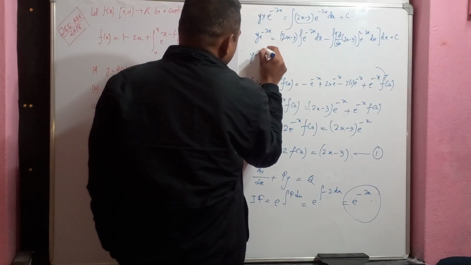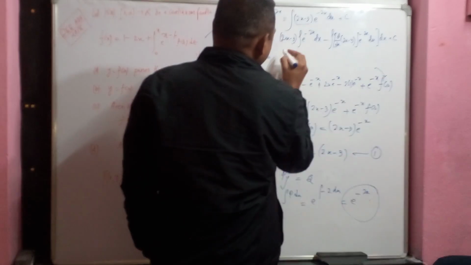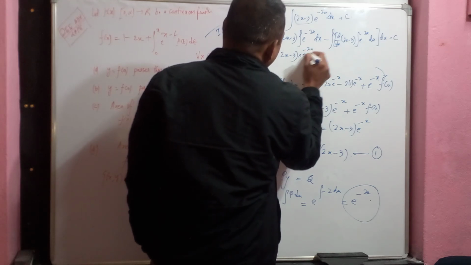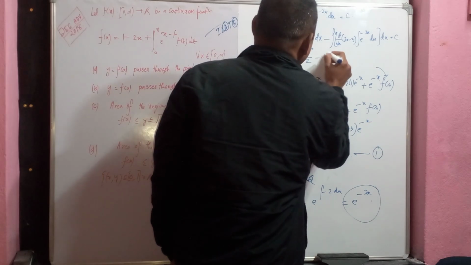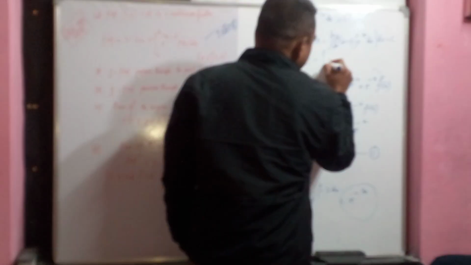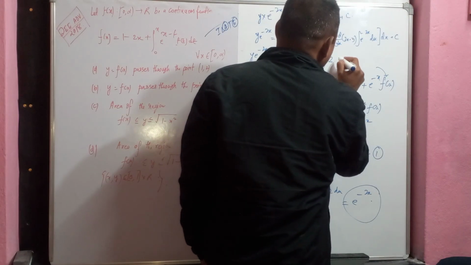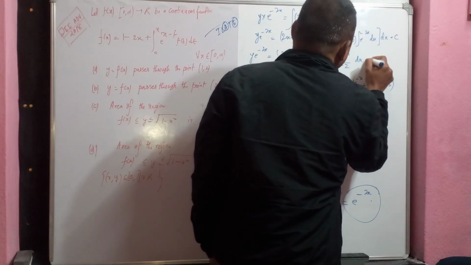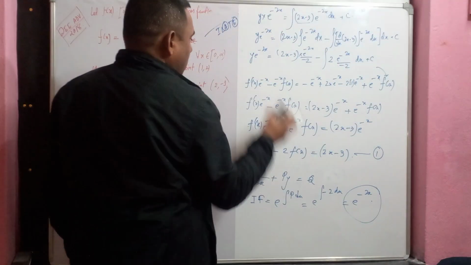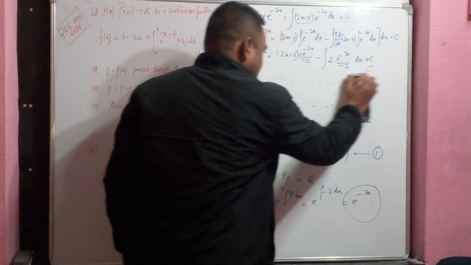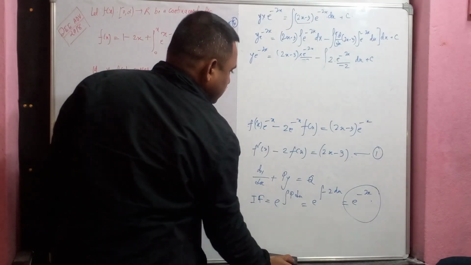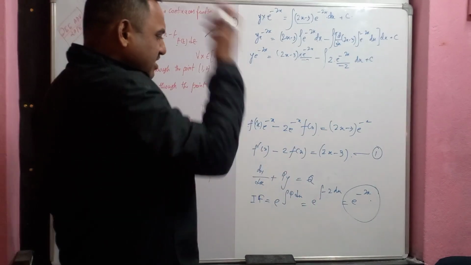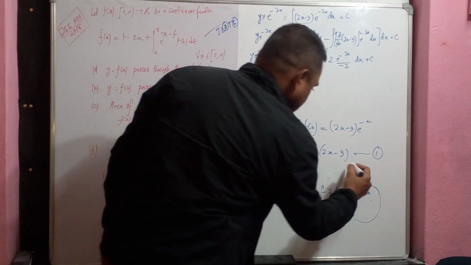So y e to the power minus 2x is equal to 2x minus 3 into e to the power minus 2x by minus 2 minus, that is d/dx of 2x is 2, e to the power minus 2x by minus 2 dx plus c. Okay, not eliminating anything. Okay, do the normal basic differentiation and integration, and then this is LDE, right?